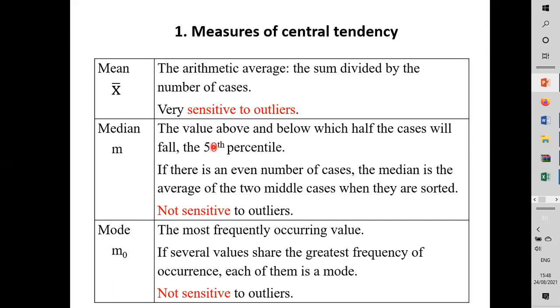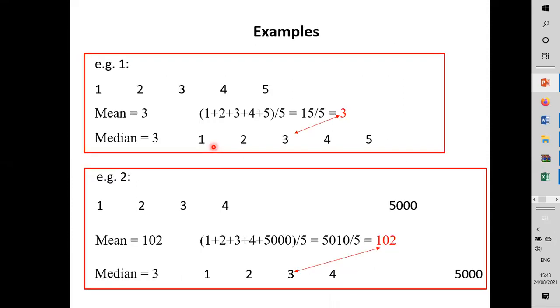Interpret this data. Example, numbers 1, 2, 3, 4, 5. What's the mean? Add them up, divide by 5. Why 5? There are 5 data points. So 15 over 5 is 3. So the mean is 3. Median: arrange the data. Where is the center?